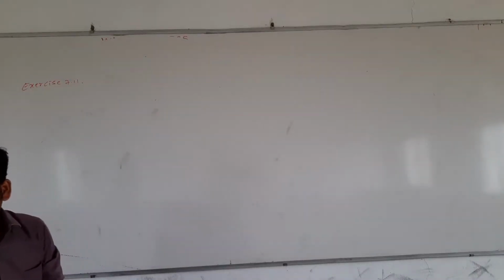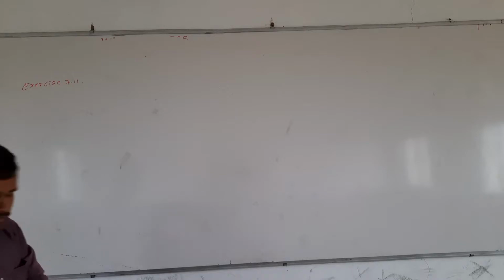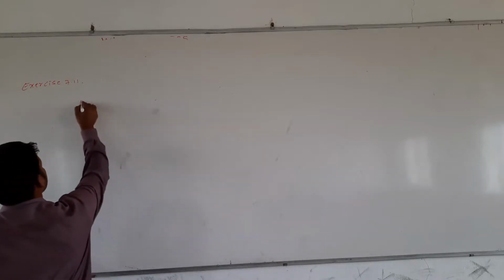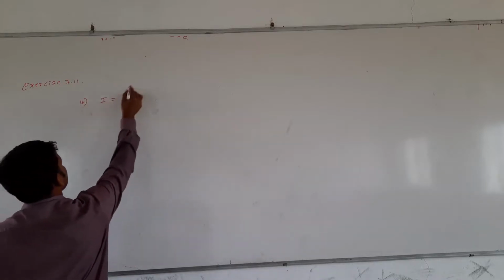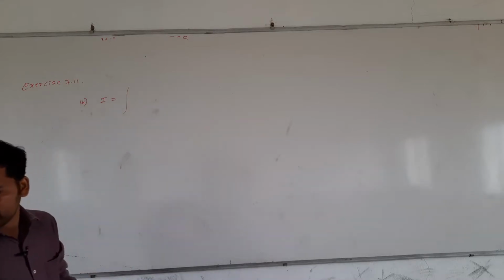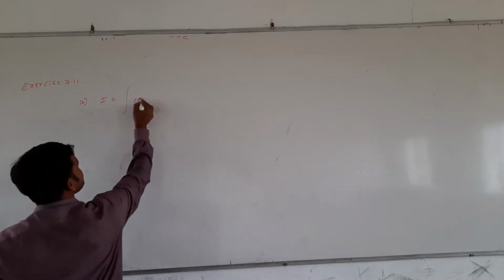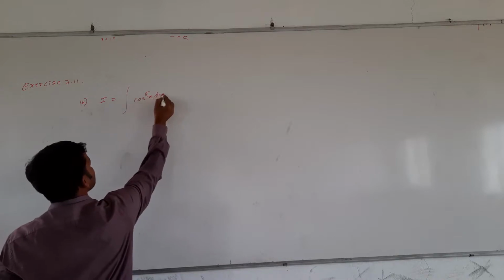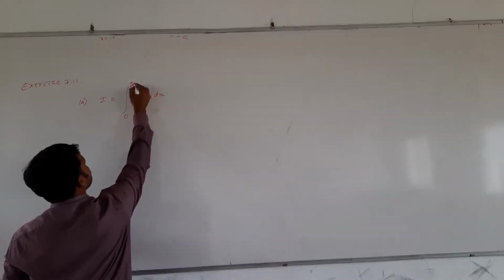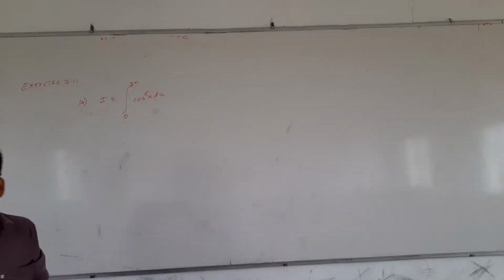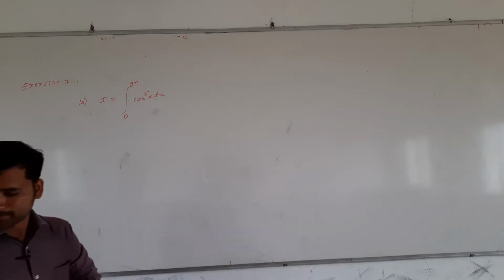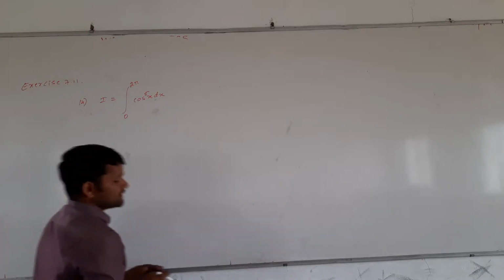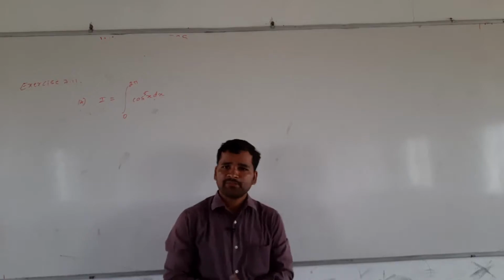Problem number 13 over. Now problem number 14. Problem number 14 is I equal to the integration of cos raised to 5x dx from 0 to 2 pi. Here we will use the property P6.